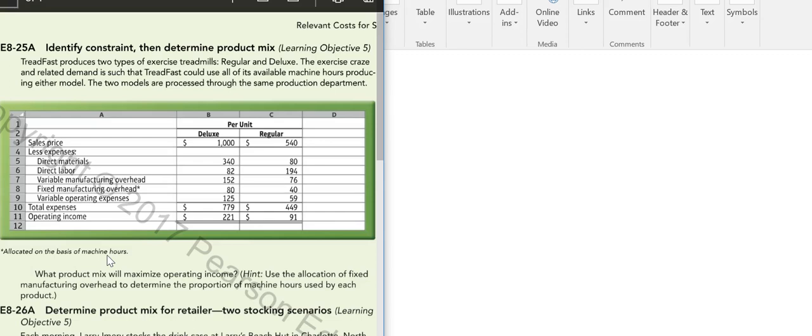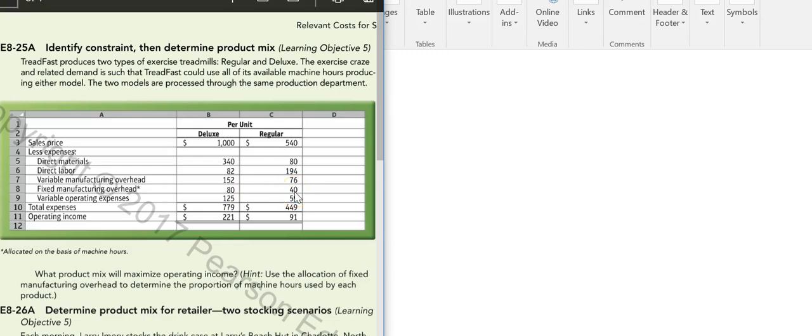This machine hour is used to calculate their overhead. Now if you check here the fixed manufacturing overhead cost, for the deluxe model it's $80, whereas for the regular model it's $40.